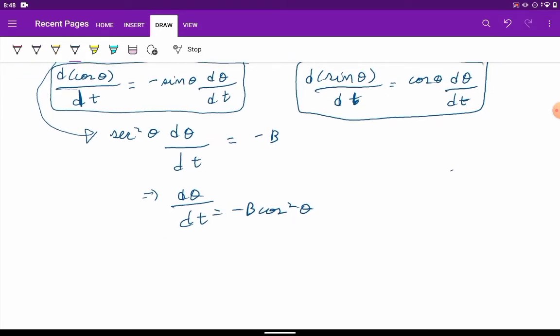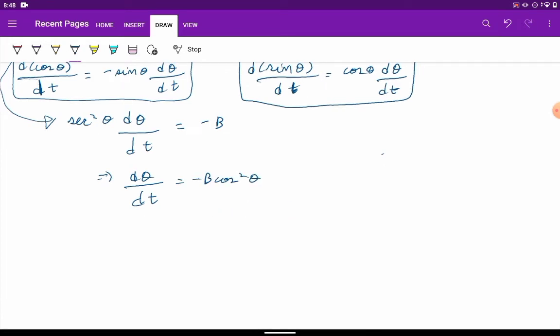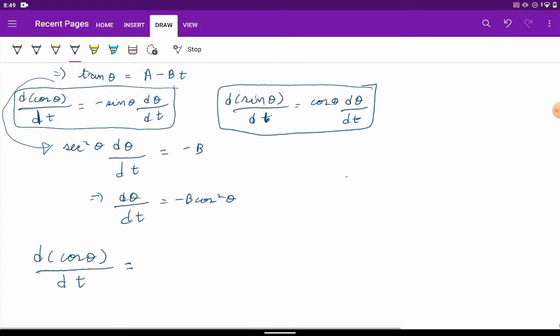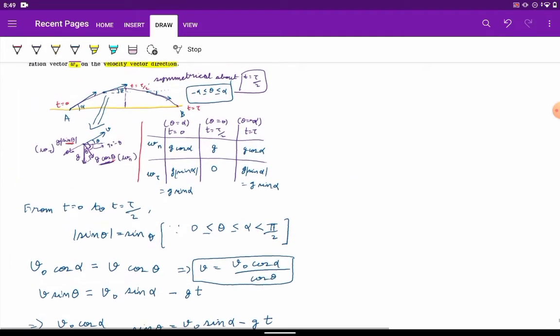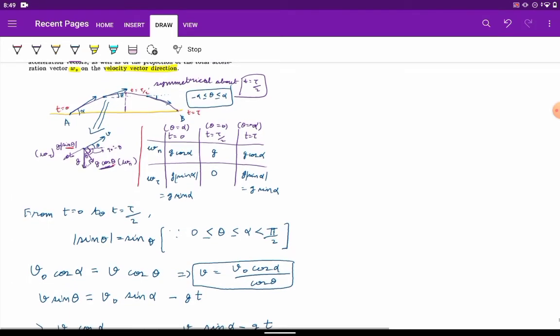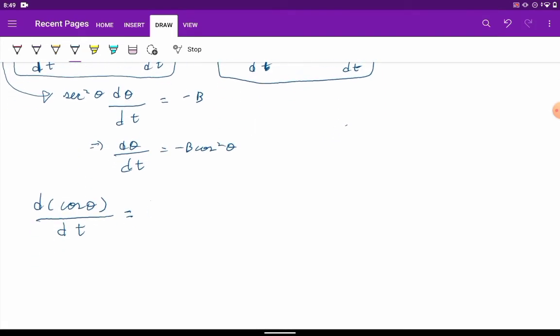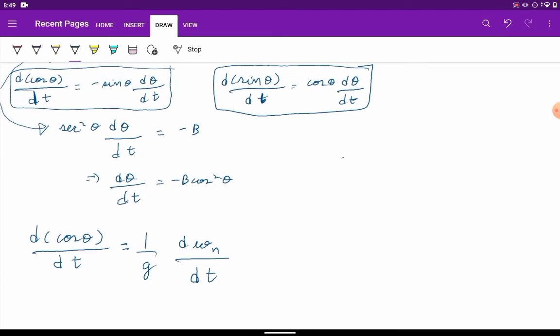Now we consider d cos theta by dt. This is nothing but g cos theta is wn, so basically 1 by g times dwn by dt. So this is minus sin theta times d theta by dt, which is minus B cos square theta.